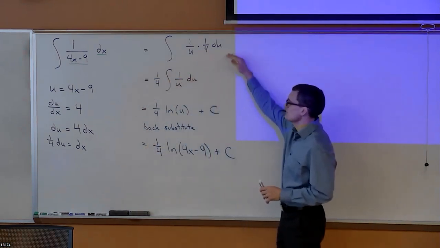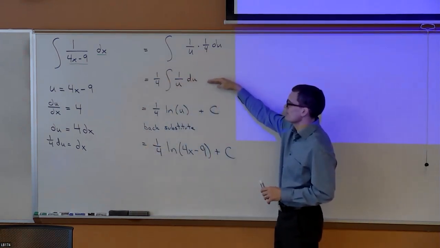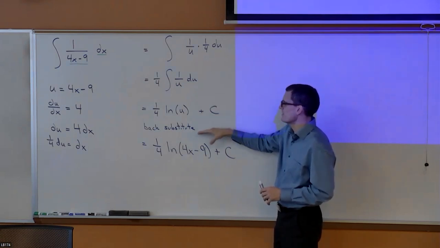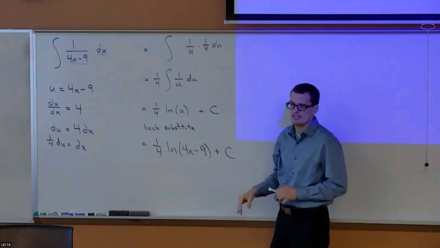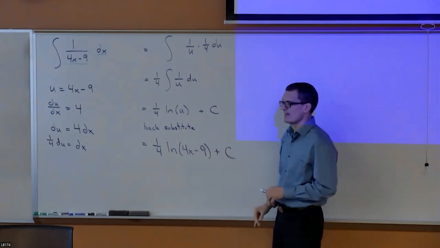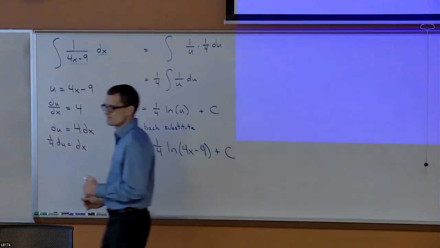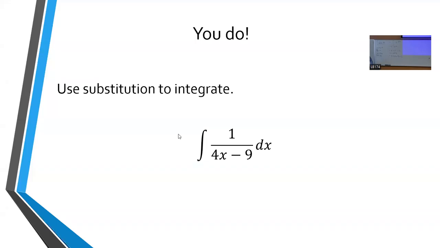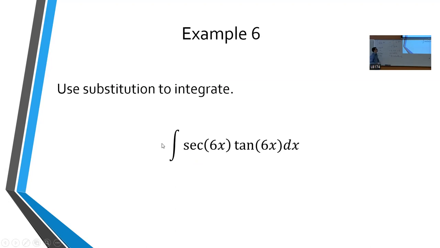Then do your substitution, integrate with respect to u. And then once you've done that, then you can back substitute to get your final answer with respect to x. So that's what we were doing last time. All of last time. Okay.